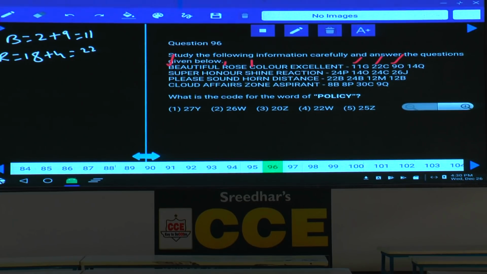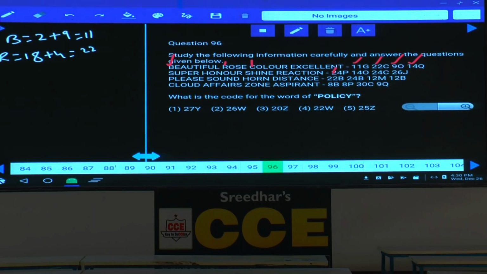Similarly excellent, here E is 5. How many letters are there? 9 letters, 5 plus 9 is 14. Hence, how are you getting the number here? The number is the place value of the first letter in each word added to the number of letters in the given word. Similarly for the word super, S is 19, there are 5 letters, 19 plus 5 is 24, and so on.